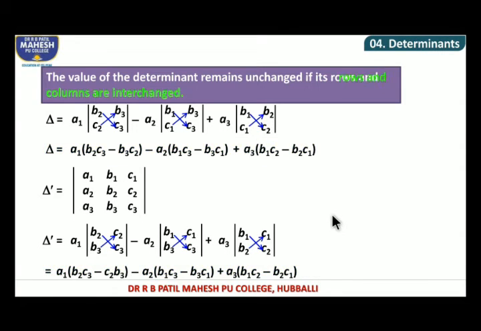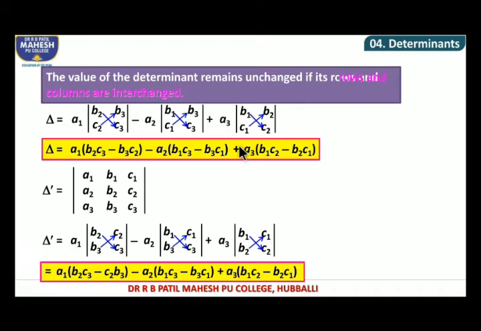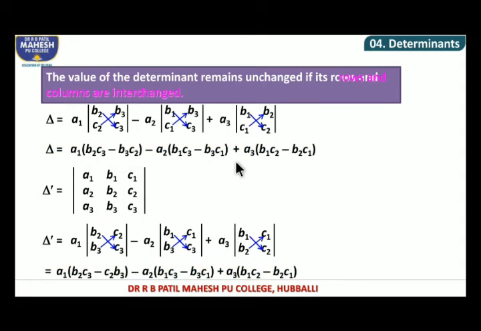So students, just observe that the value of the determinant remains unchanged if its rows and columns are interchanged. See here, after interchanging also, we have the same value, meaning both are equal. So that property is verified. Hence delta is equal to delta dash, where delta is the given determinant and delta dash is the transpose of that determinant.